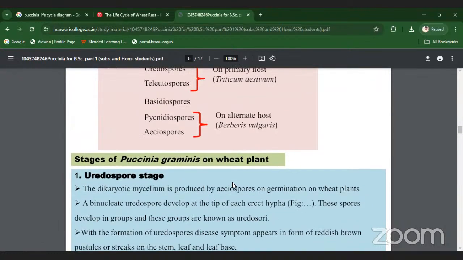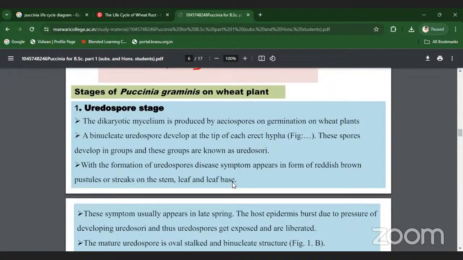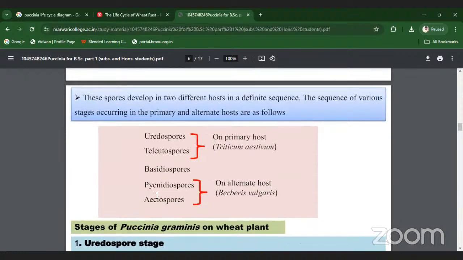Now first let's discuss the primary stages. Uredinial stage, urediniospores. The first urediniospore mycelium is produced by the aeciospore on germination on the wheat plant. So first remember, this is the aeciospore, right? I will explain later how the aeciospore is developed. First, let's start from the aeciospore.